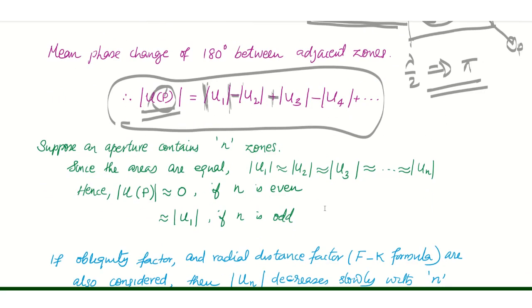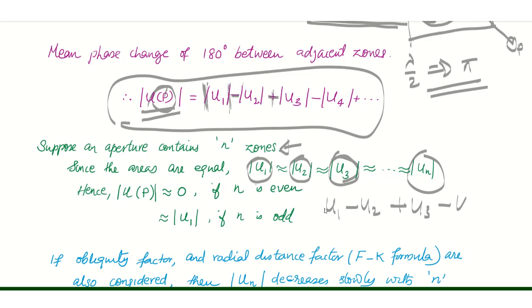Then there are some interesting properties. Suppose there are n zones. They have equal area, and therefore the contributions from each zone with a uniform illumination will be the same. That means U1 minus U2 plus U3 minus U4 and so on up to Un.